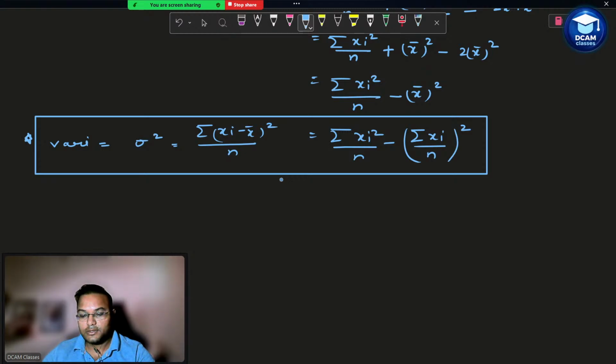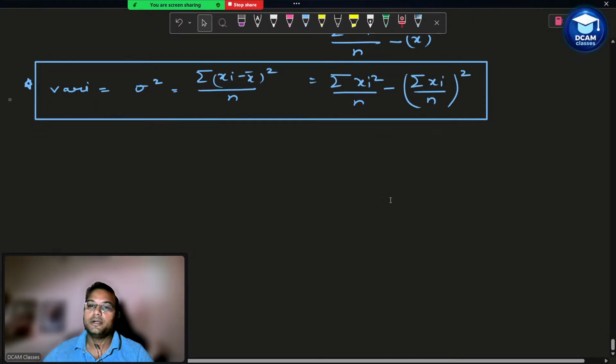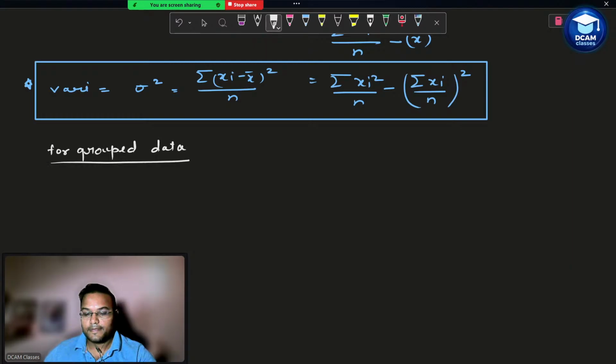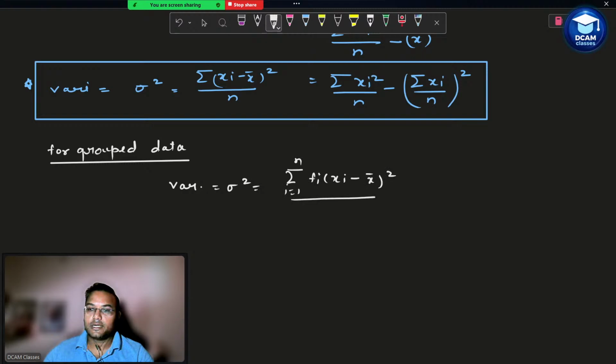Okay, sir. This is for the normal data. And now for grouped data, let me write the formulas for the grouped data also, meaning for frequencies. Variance is given by sigma square equals sigma i equals 1 to n fi into (xi minus x bar) whole square divided by sigma fi.